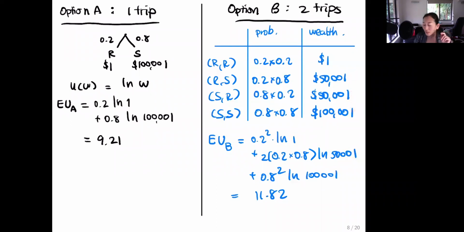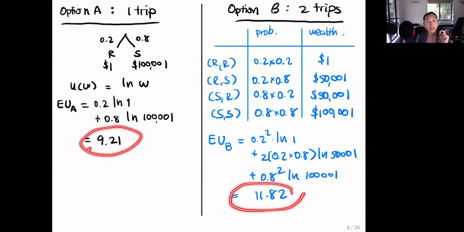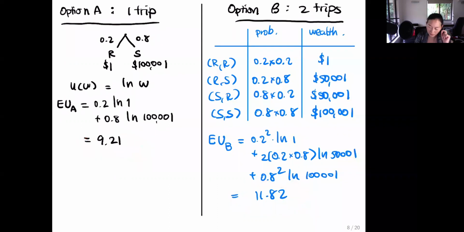So of course, I'm not going to ask the same question in this problem set, but you have to be careful when considering the wealth associated to each event. Okay, so this is 11.882, which is greater than 9.21.